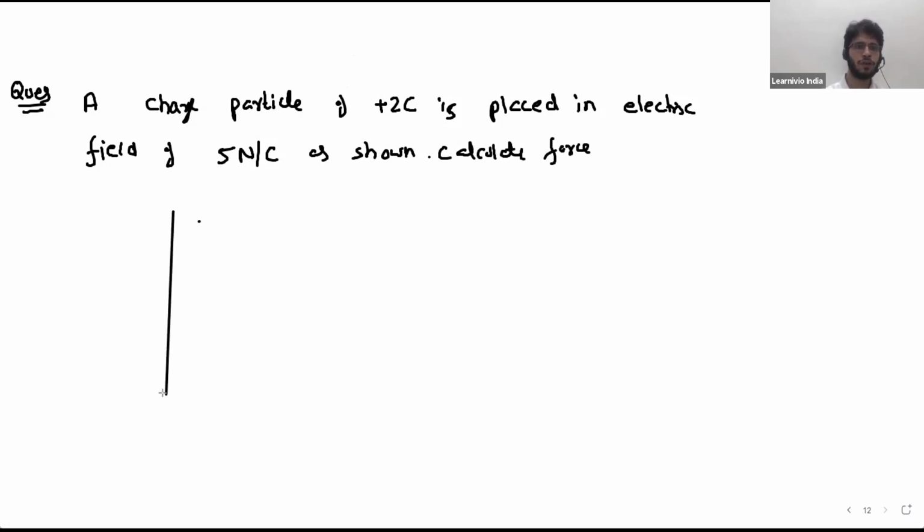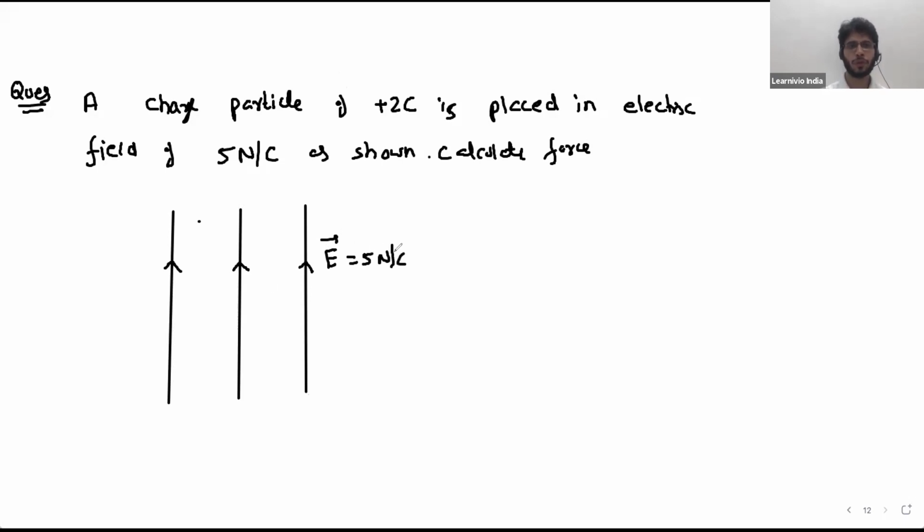So this is the electric field along y-axis, and this is 5 Newton per coulomb. I place a charge of plus 2 coulomb here. Sania, what is the direction of force on this plus 2 coulomb charge due to electric field?